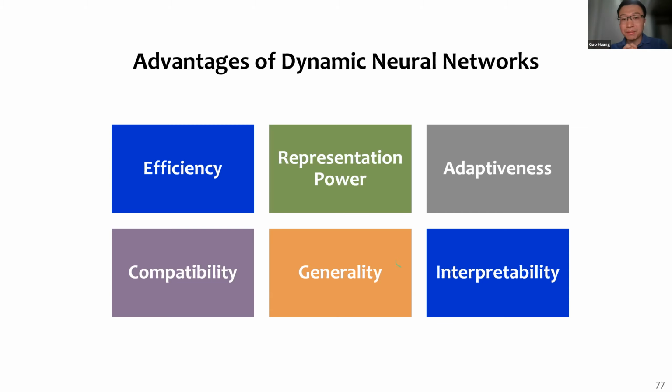It can be applied to many different tasks, for example, classification, detection, etc. And perhaps the dynamic network is more interpretable. For example, with the spatially dynamic network, we can actually explain where the model is putting its focus, which regions the model focused on. Right.